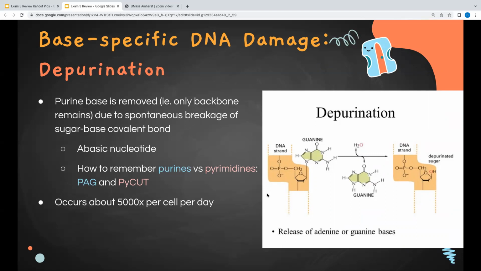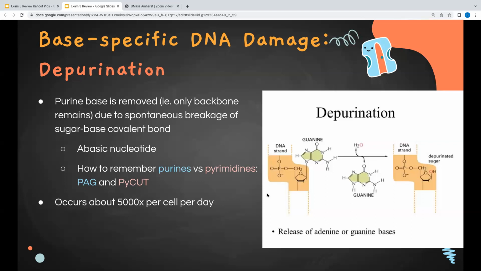One type of DNA damage is depurination. What occurs is that we have our nucleotide, with the sugar phosphate bound to the nitrogenous base. Depurination sounds exactly like what it says: we remove the purine base. So this affects adenines and guanines. When depurination occurs, hydrolysis occurs at the bond between the sugar and nitrogenous base.